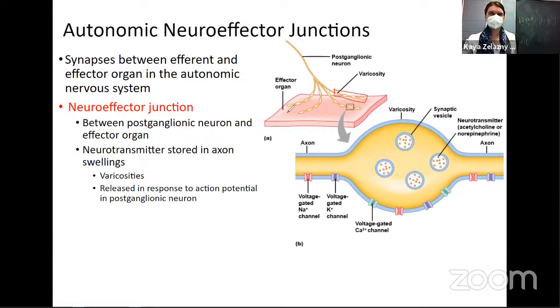It's not targeted in just one little place. Each of these swellings is called a varicosity, and each one works basically like our axon terminal did in the central nervous system. So in each of these varicosities, we're going to be releasing neurotransmitter to that effector organ.